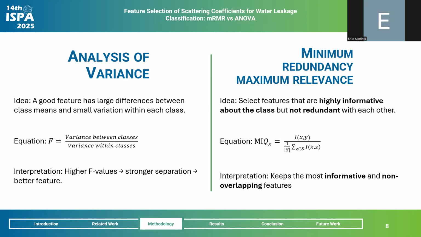Because we want to reduce the redundancy in the input features that we are introducing into the classifiers. So if two features are giving us the same information or have the same relevance, maybe we want to discard one of them in order to reduce the feature vector.